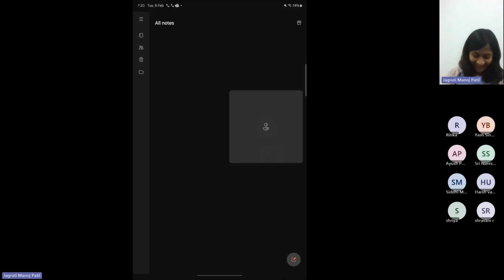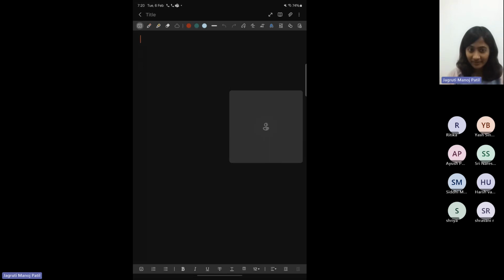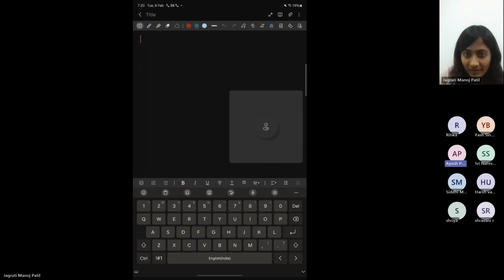Thanks for confirming. This is visible, right? Yes. I suppose that should work for today. Let me know if the font size is not proper. How do I minimize it?